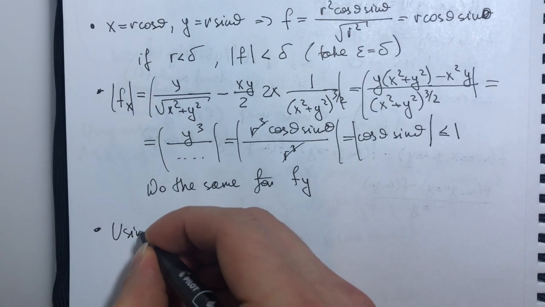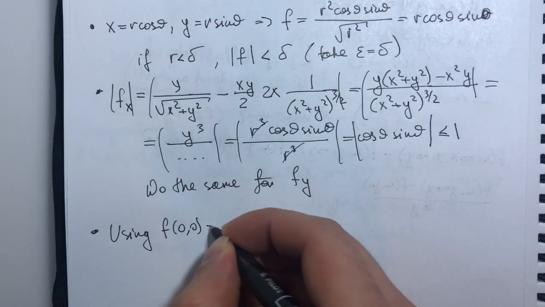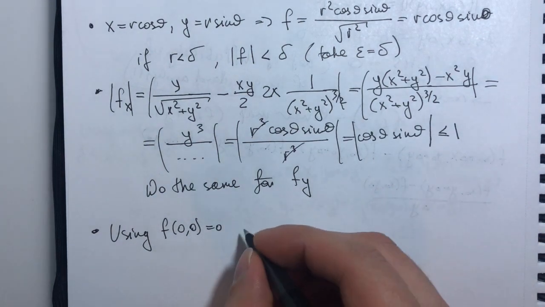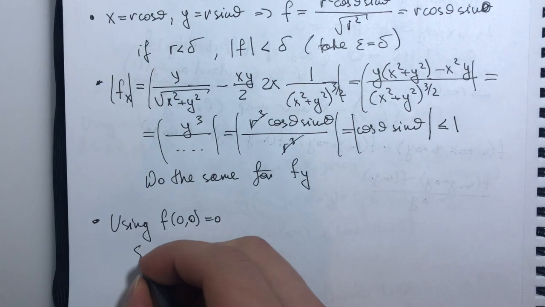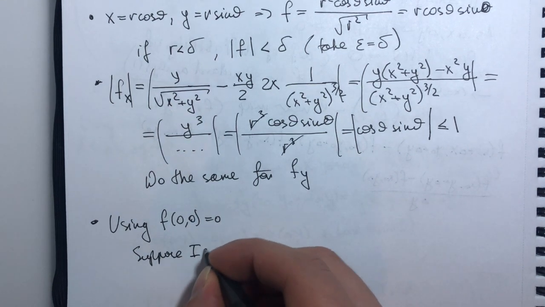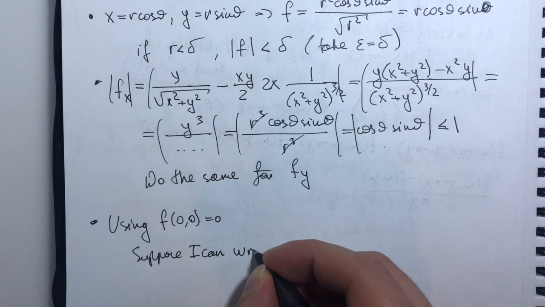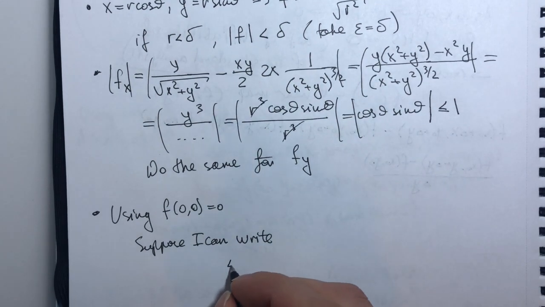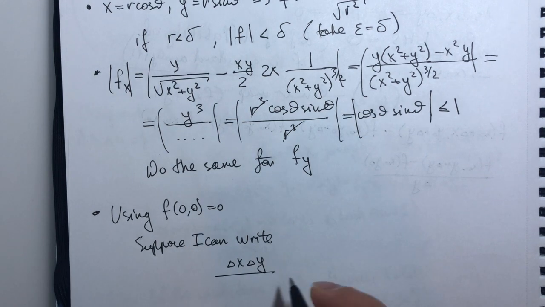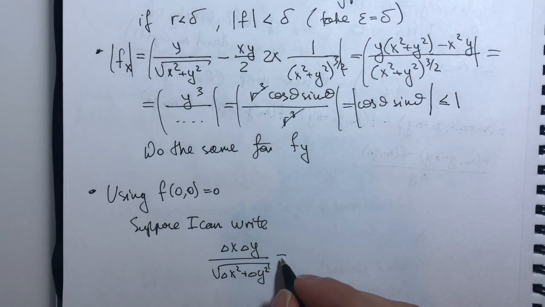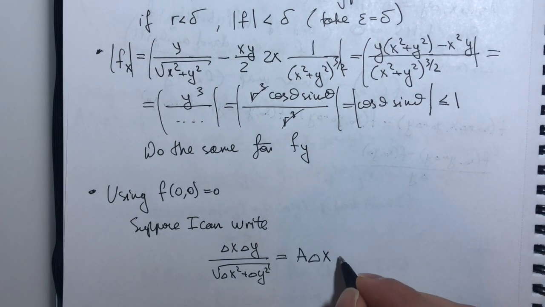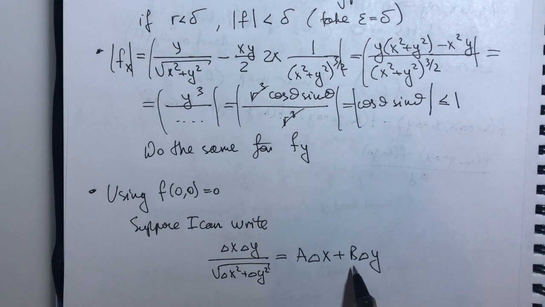So using our definition of differentiability, suppose that if I give delta x, delta y increments to my function, I can write that delta x delta y over delta x squared plus delta y squared, which is my new function value in the neighborhood of (0, 0), can be expressed as a delta x plus b delta y for constants.